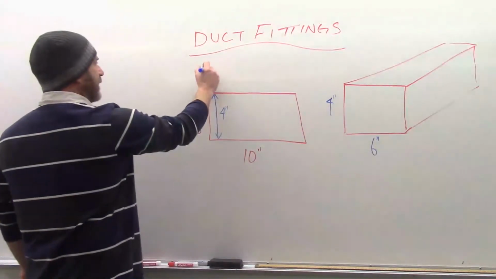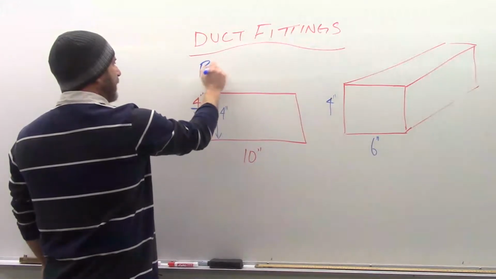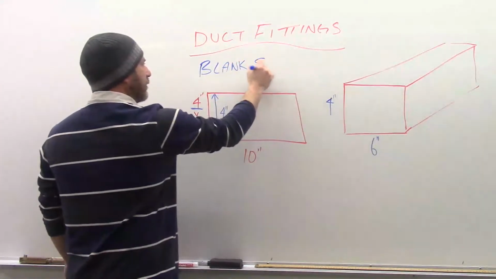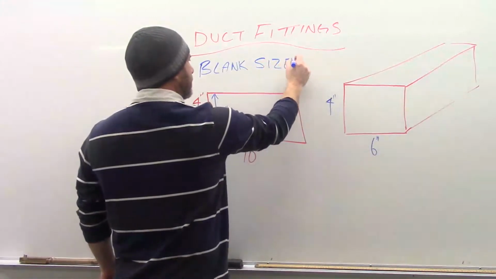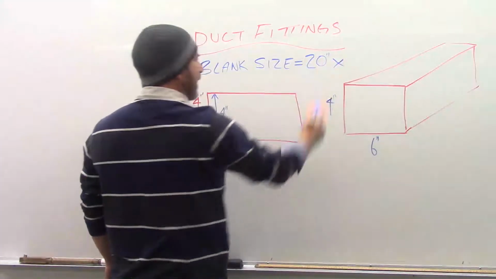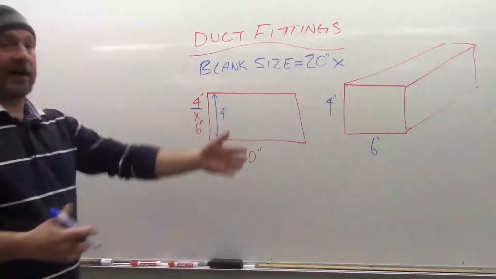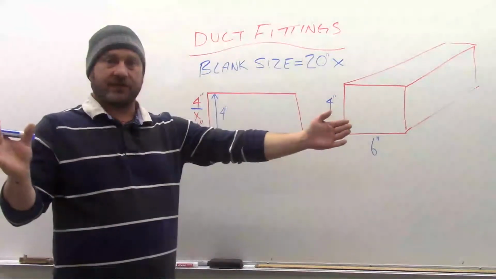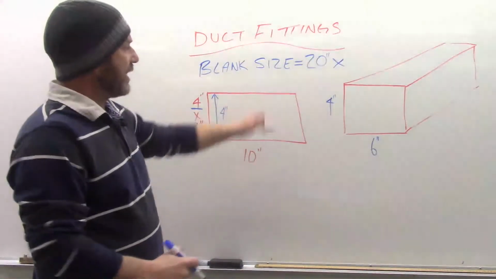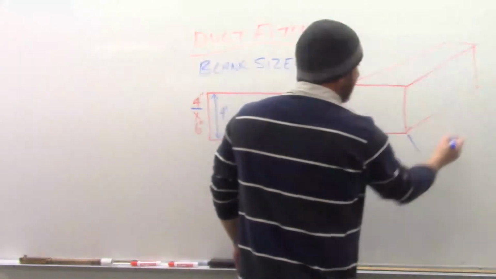And let me just write it in here. Blank size equals 20 by, we need our second dimension. We know the stretch out is 20 inches. That's our perimeter. Our second dimension is going to be based off the length, off 10.